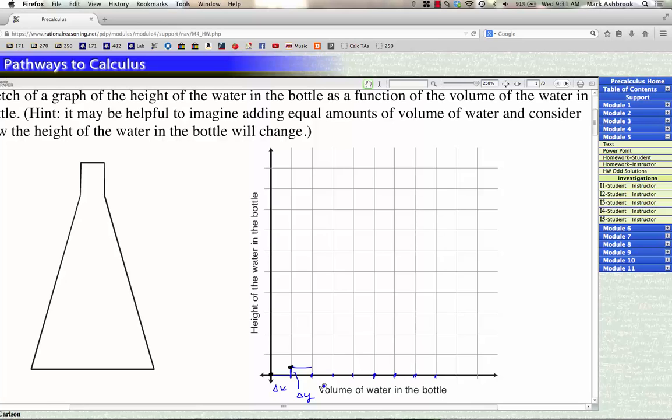So the same amount of water is going to make the height go up a little bit more than how it went up the first time. So then what does that look like? Maybe like this. A little bit bigger of a change than this one, giving us another new point on the graph.